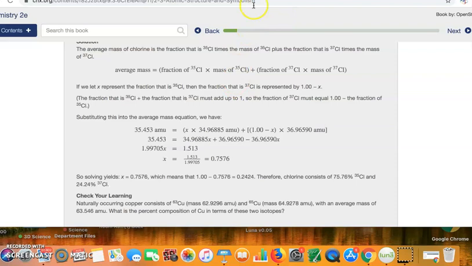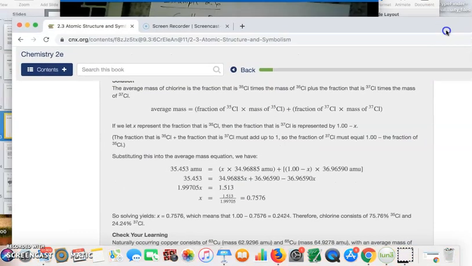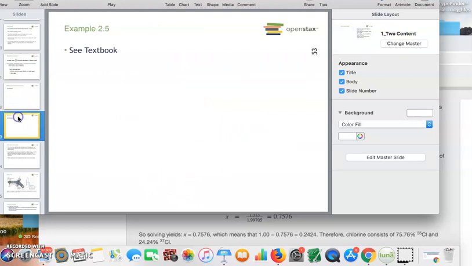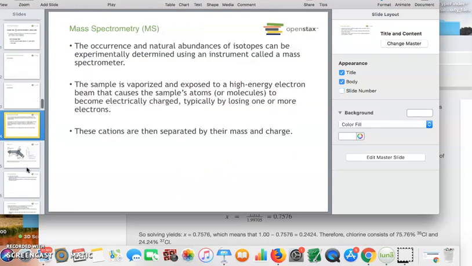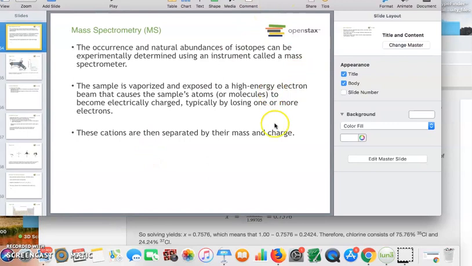Okay, so going back to the lecture here. All right, so we talked about calculating average atomic mass. We talked about calculating fractional abundance. We did that. Here are the examples we did already. So now we need to switch gears a little bit and talk about instrumentation called mass spectroscopy, or a mass spectrophotometer.